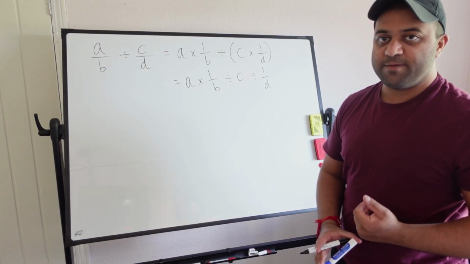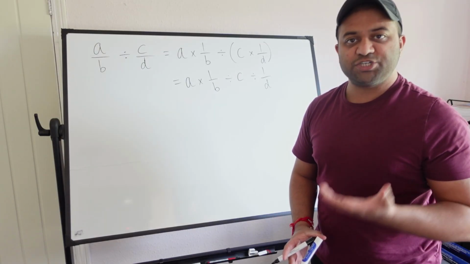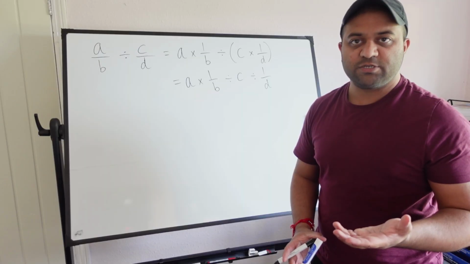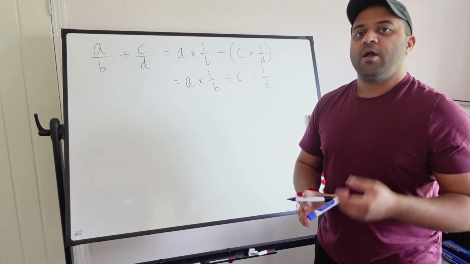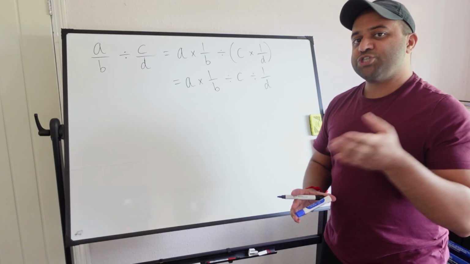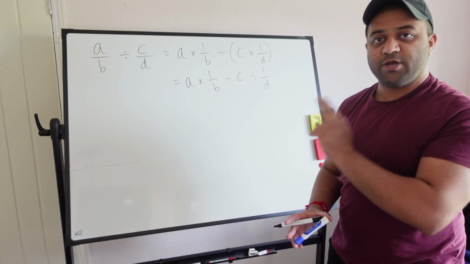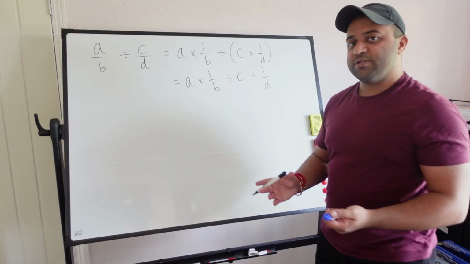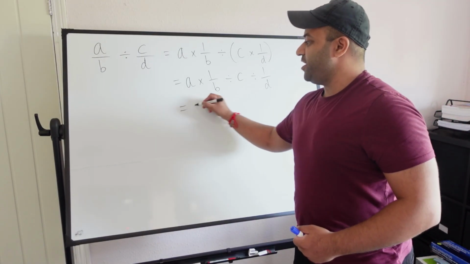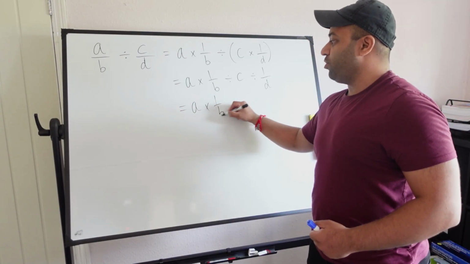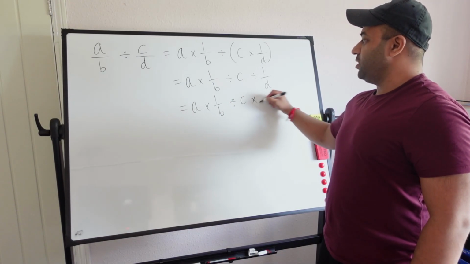So we'll use our knowledge of BIDMAS, that division and multiplication are equivalent in terms of priority. We can do them in any order. But before we do that, I'm going to change the division by 1 over d using what we learned earlier, because that's equivalent to multiplying by d. So this is a multiplied by 1 over b divided by c and multiplying d.